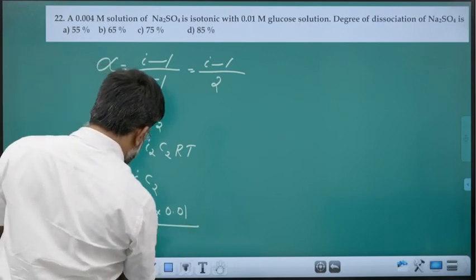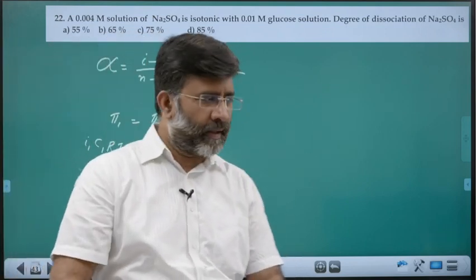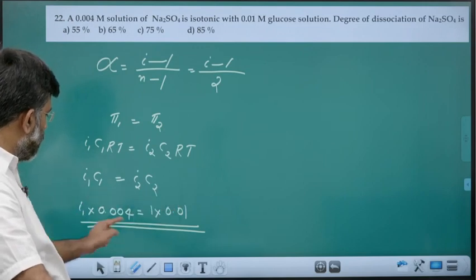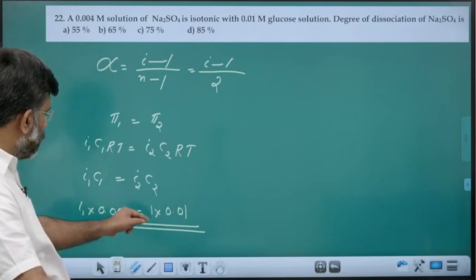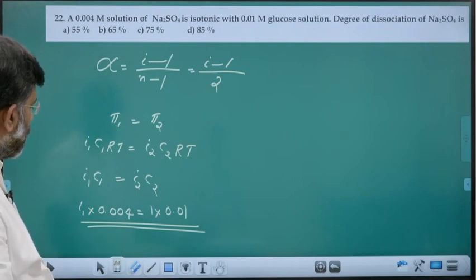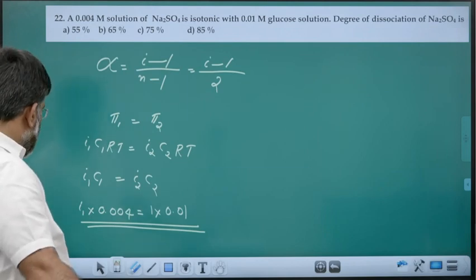Once you get i, you get alpha. i is equal to 0.01 divided by 0.004, that is 10 by 4. How much? 2.5. That is the i value.